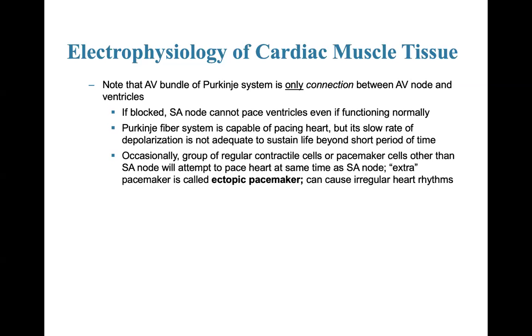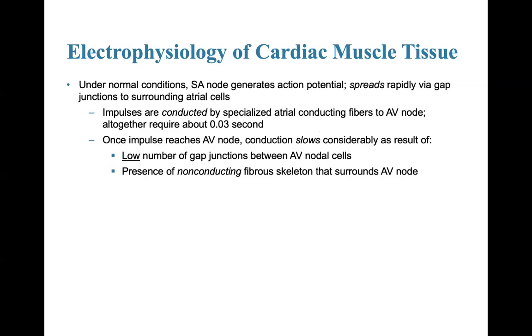Occasionally, a group of regular contractile cells or pacemaker cells, other than the SA node, will attempt to pace the heart at the same time as the SA node. Such an extra pacemaker is called an ectopic pacemaker, and this can cause irregular heart rhythms.